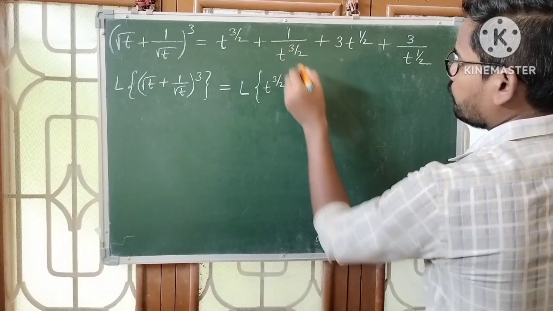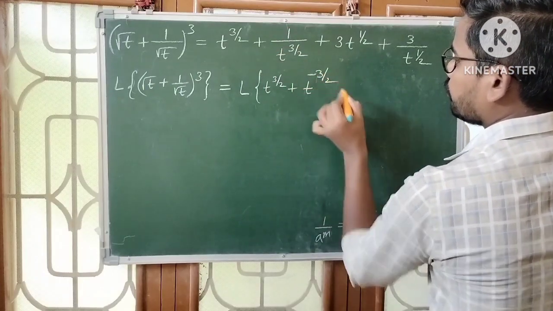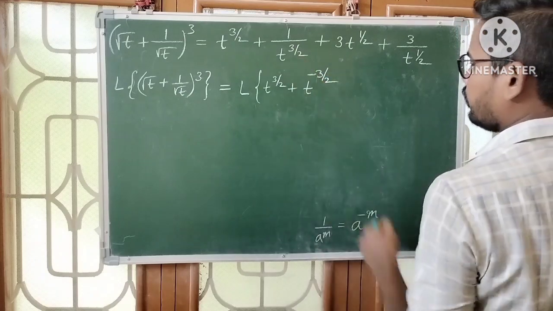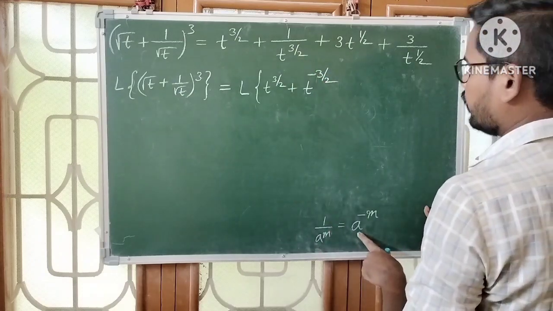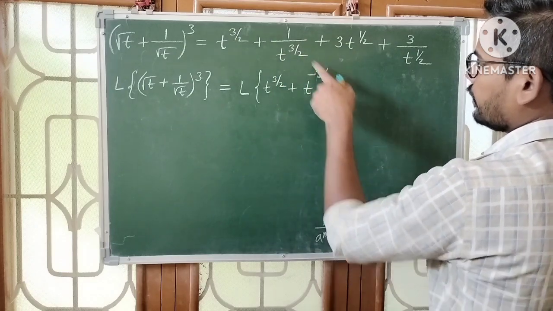So 1 by t power 3 by 2 can be written as t power minus 3 by 2, where m is equal to 3 by 2.